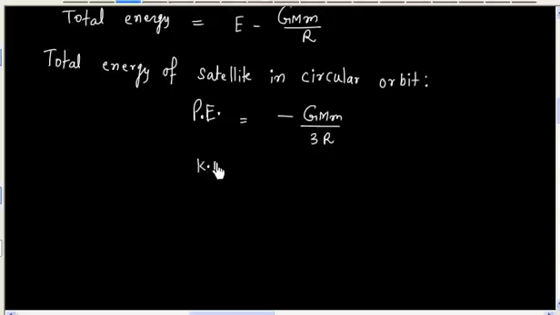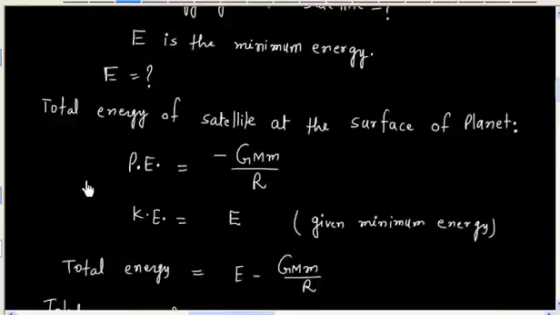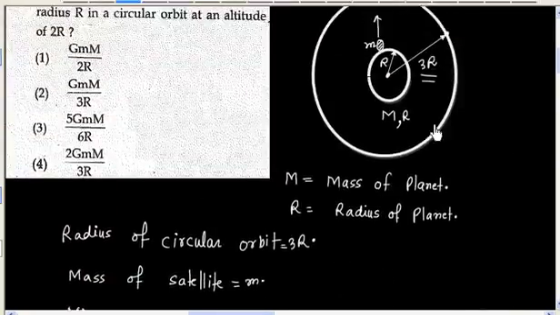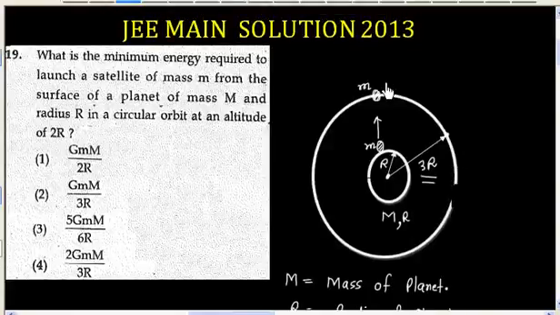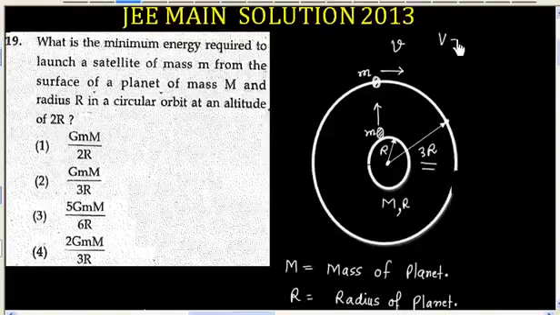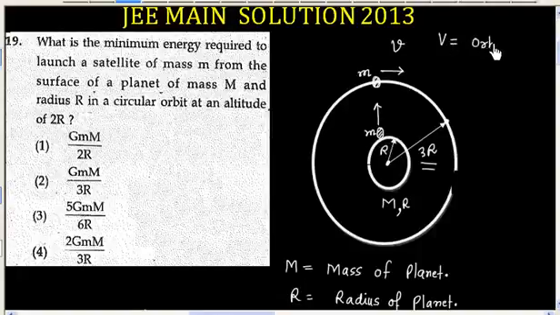And we will also have kinetic energy, that is half m v square. v is the velocity of satellite in this circular orbit, that is called orbital velocity.